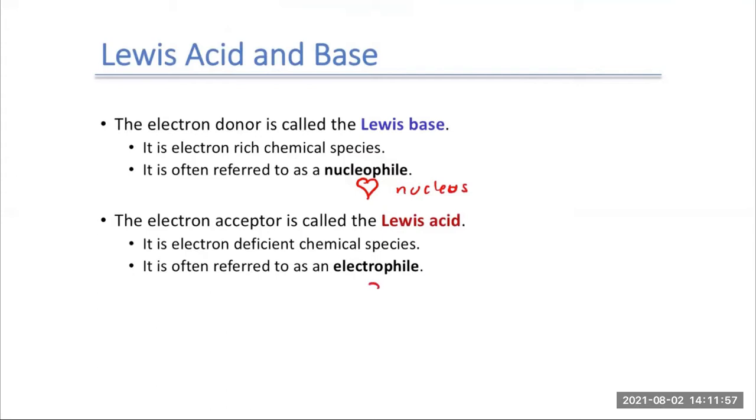The Lewis acid, it's an electrophile. It loves electrons. Now make sure you keep these two definitions in your mind for the future, because we're going to start using the terms nucleophile and electrophile a lot.